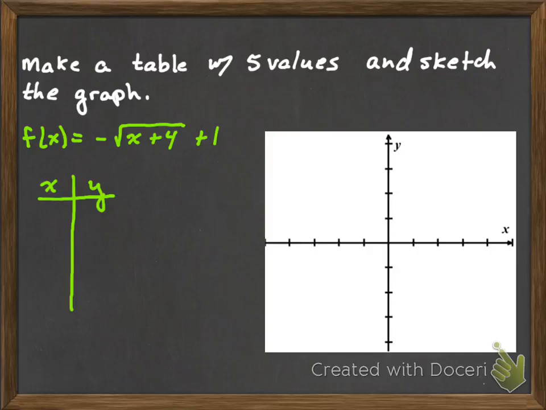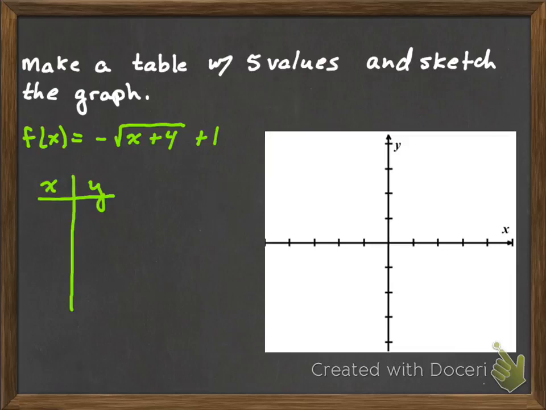All right, so what we want to do now is take a look at graphing, and we're going to make a table first and then sketch the graph using the table. And we'll also talk about the transformations here as well. All right, so when you are dealing with square roots, what you want to do is plug in numbers for x that are going to cause you to have a square root of a number that comes out evenly.